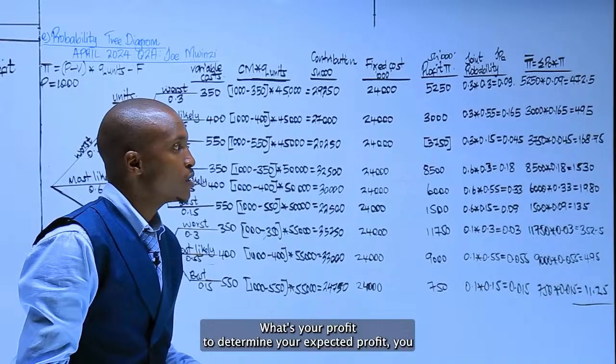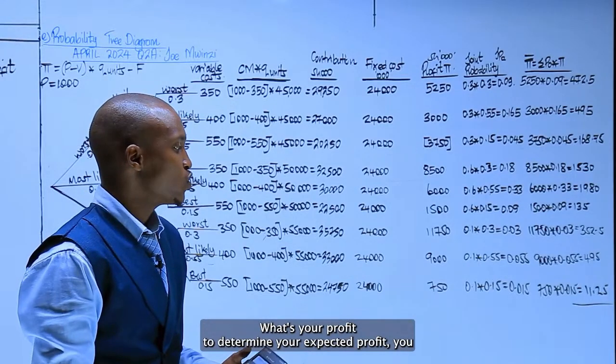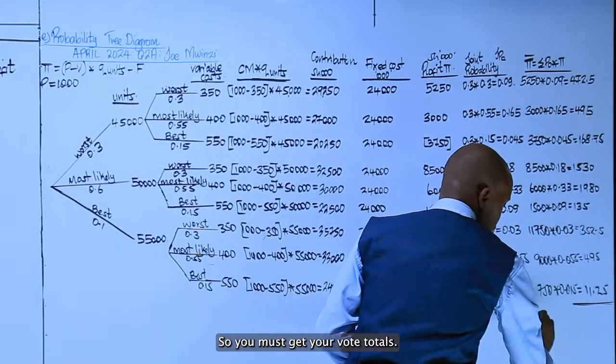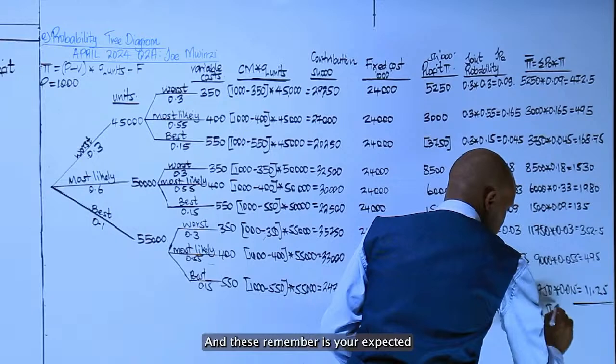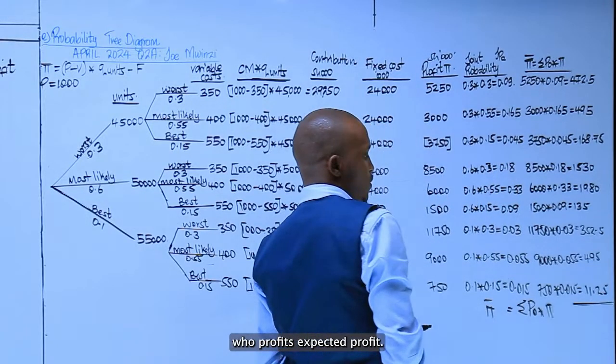Once you've gotten the product of your probabilities and your profit to determine your expected profit, you then now get your totals. So you must get your totals. And this, remember, is your expected profit.